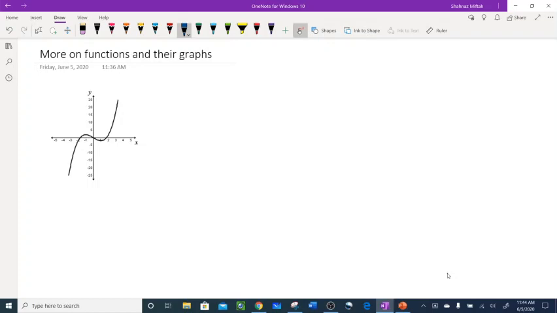The first thing, let's talk about this graph on the screen. We are looking for the intervals on which the function is increasing or decreasing. You know, intervals are x values only.